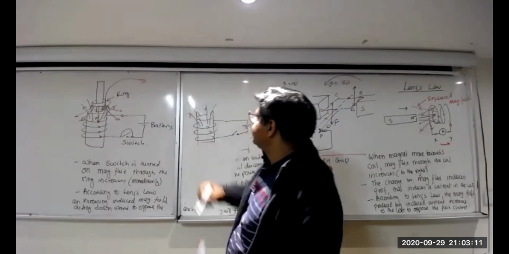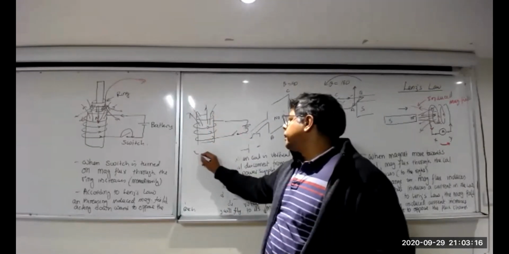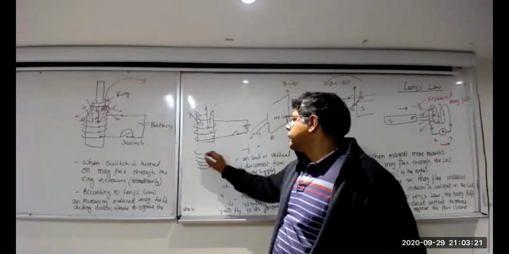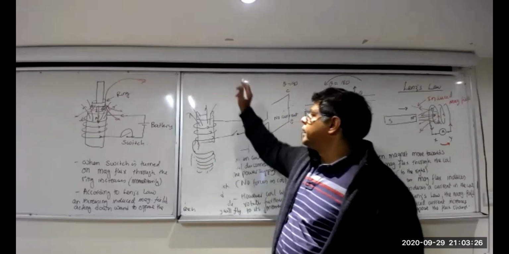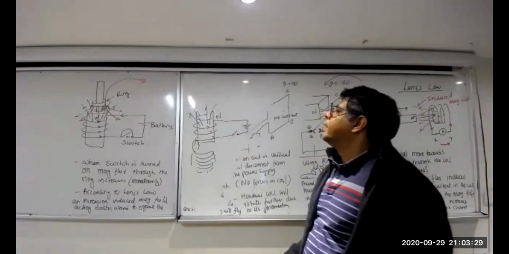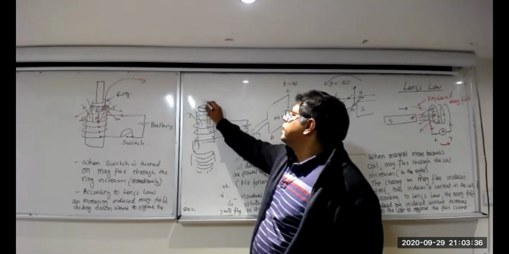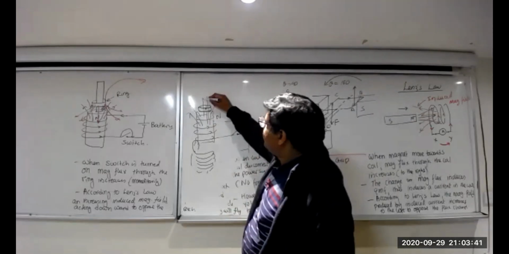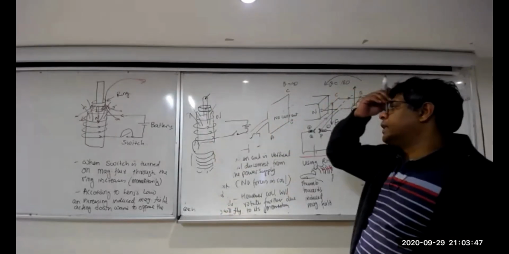If I use the grip rule, curling my fingers around, you can see my thumb is pointing up, so there will be a north pole there. Now just imagine that ring is sitting up here. This is like a good ferromagnetic material, like soft iron, so the magnetic flux can nicely link through.